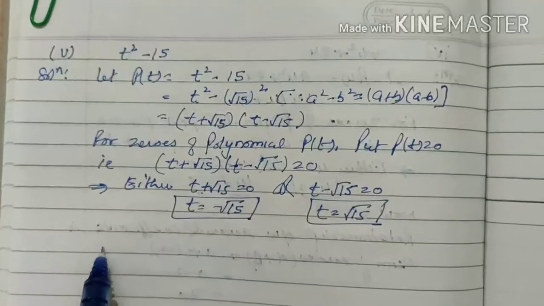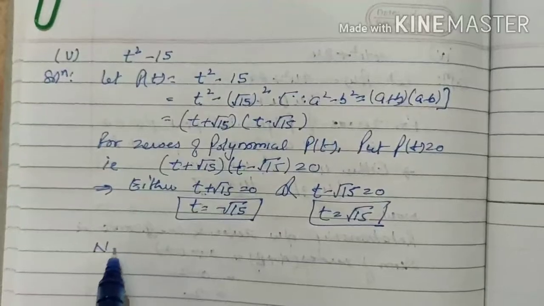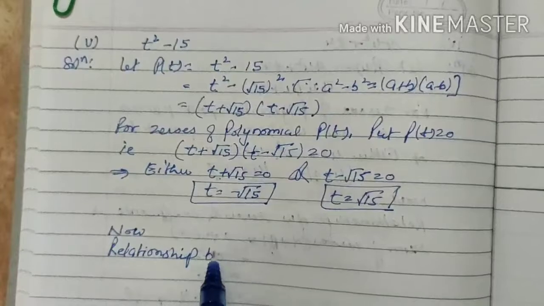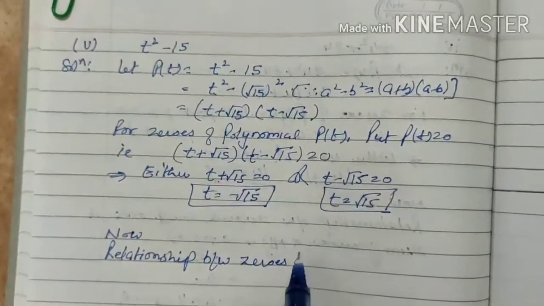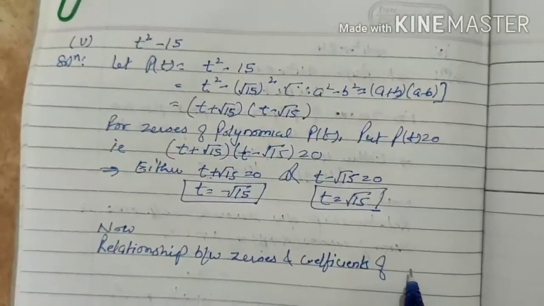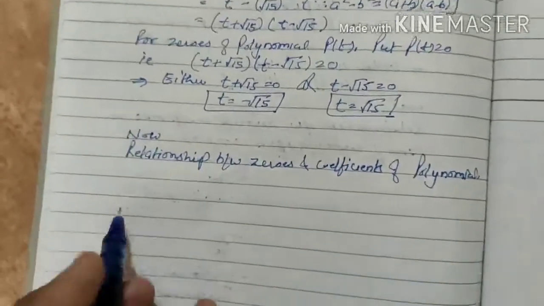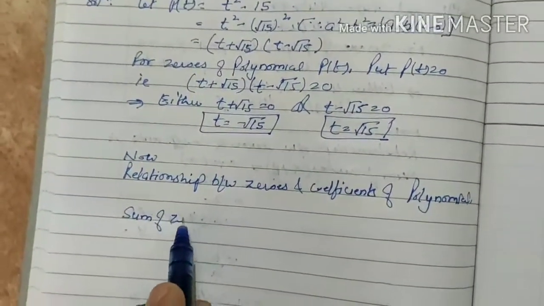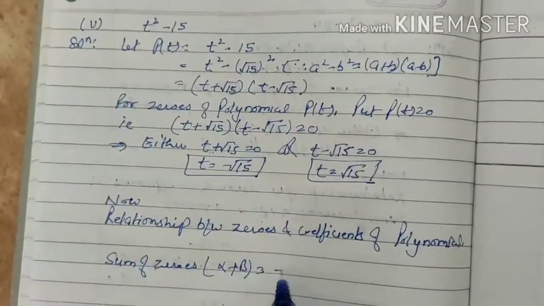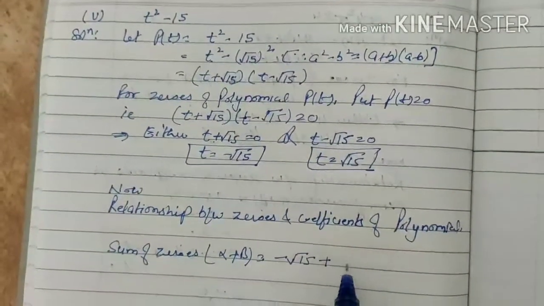So now find the relationship between these zeros and coefficients of polynomial. That is, sum of zeros, alpha plus beta, and here alpha is minus root 15, so this will be minus root 15, and beta is root 15, so plus root 15.